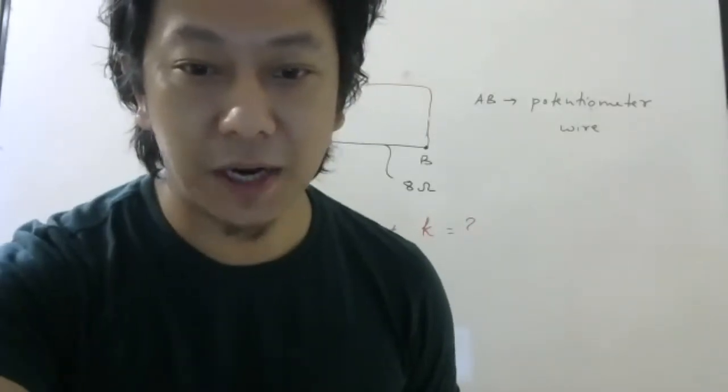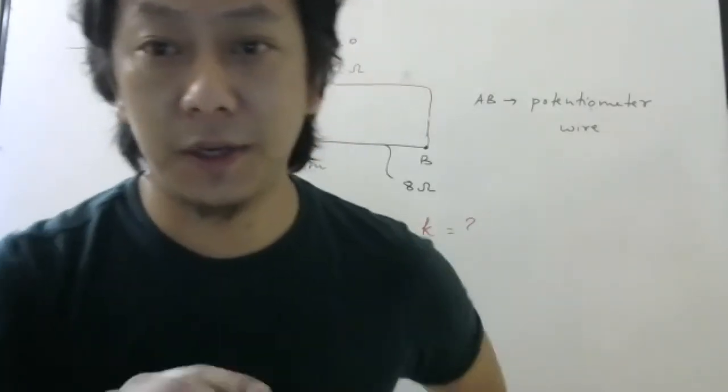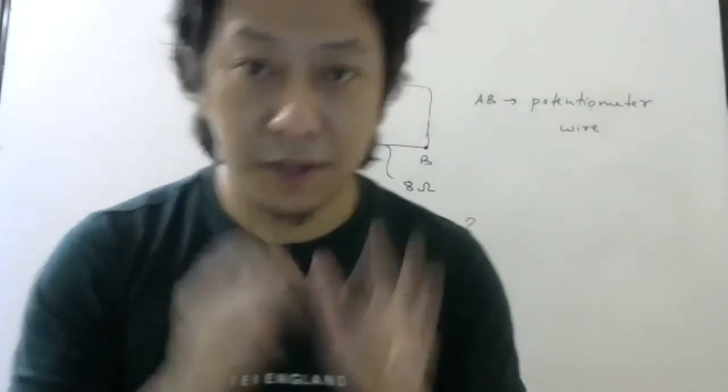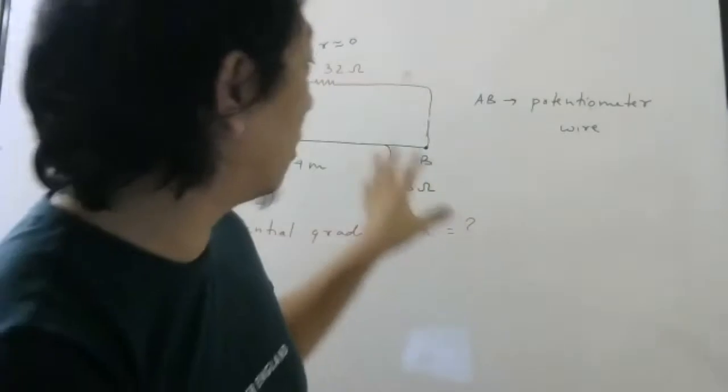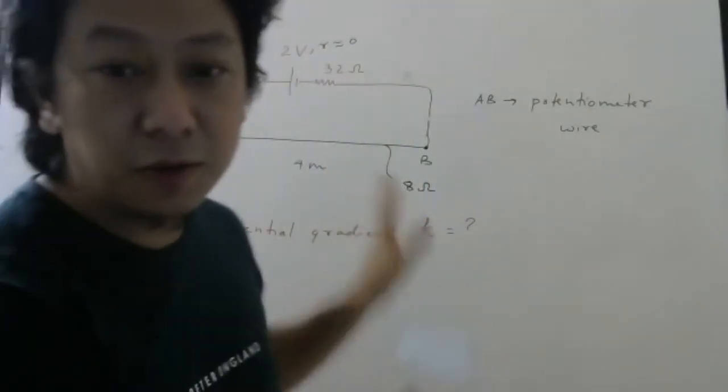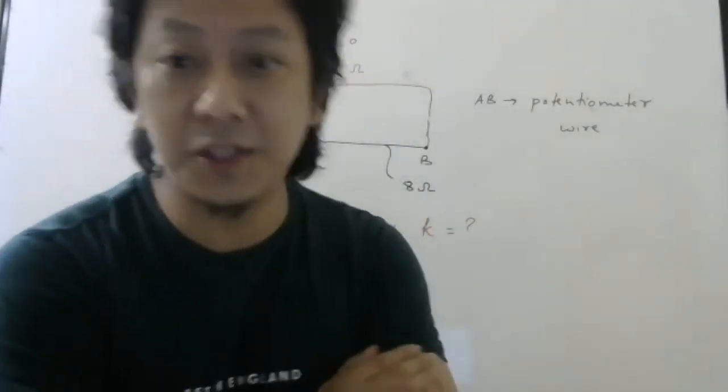Before we start the class, go through the potentiometer theory once, and using the theory, try to solve this question. As we try to solve this question, it will be like a revision also.